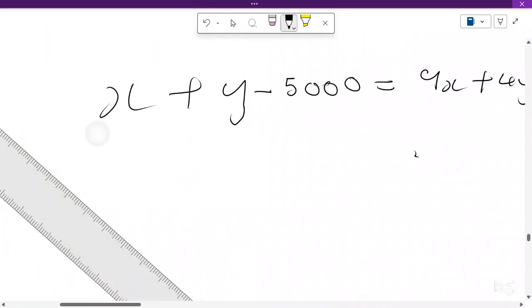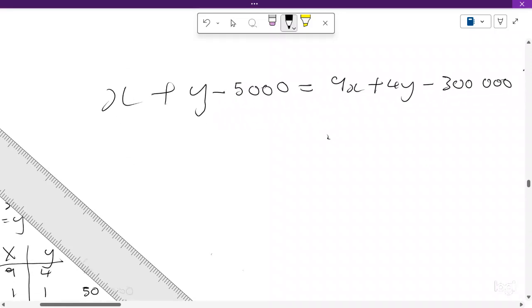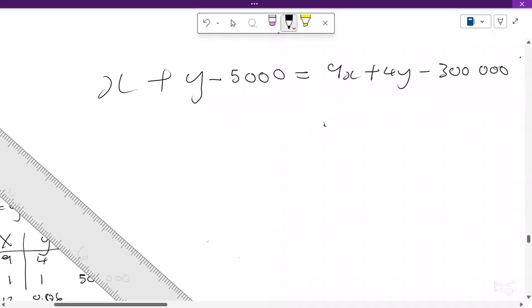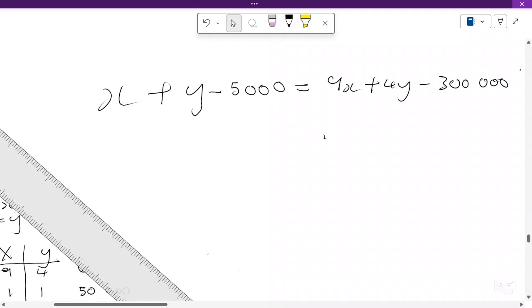Okay, 0.625 equals 18,750 over 0.625. Then it becomes 30,000. So now 30,000 is y.